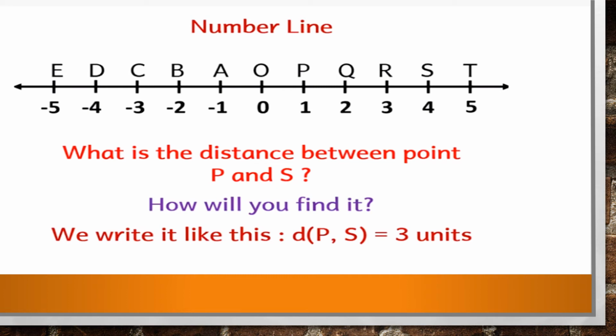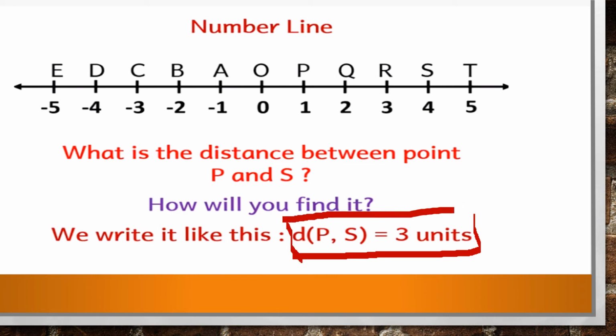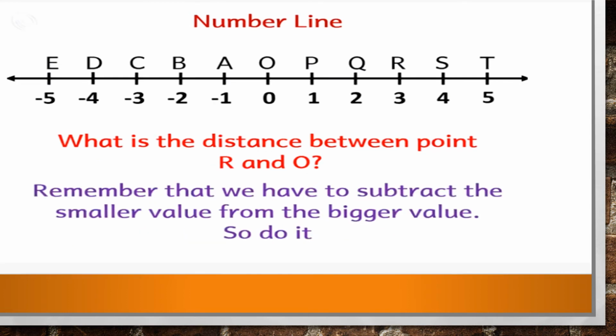So that is 3 units. Understood? So this is the way you are supposed to write it down. Alright, so remember this. How do you find it? You subtract the smaller number from the greater one and you write the answer like this.